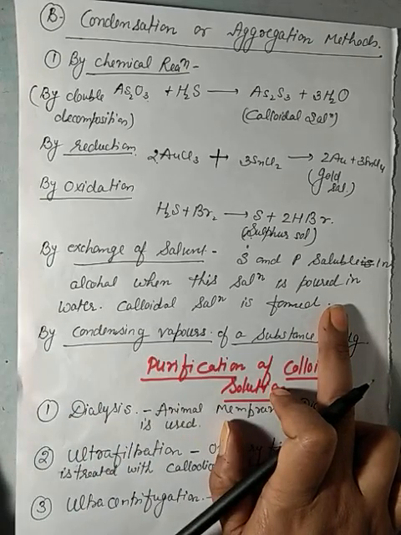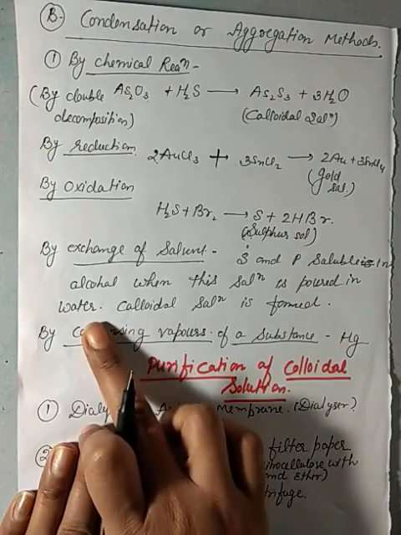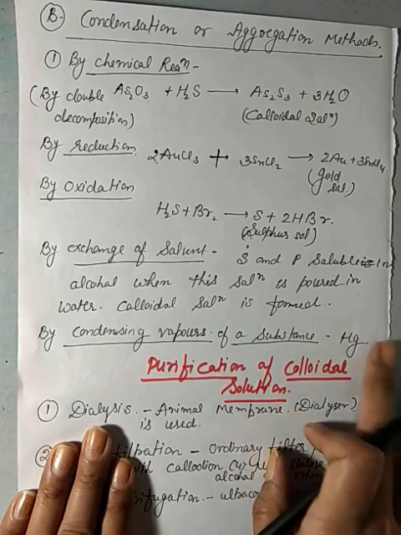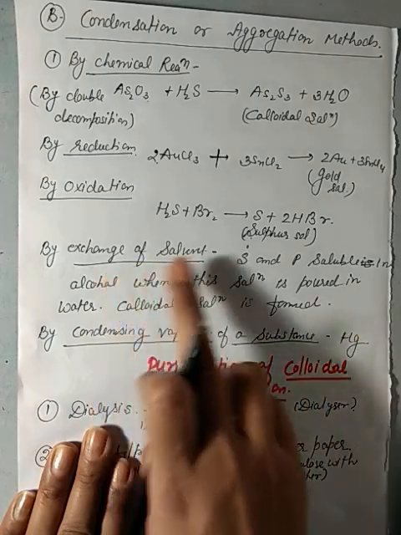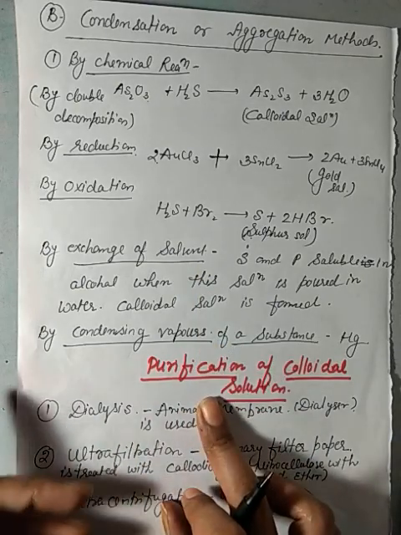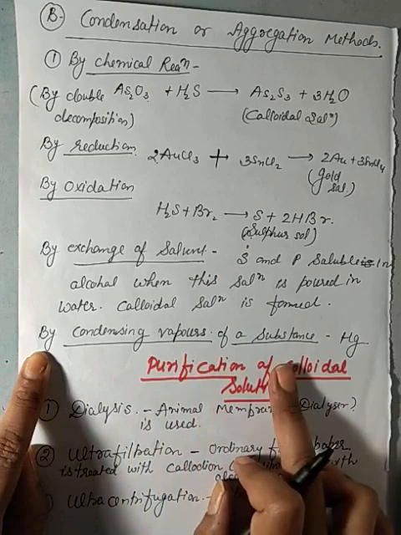When this alcohol solution of sulfur and phosphorus is poured into water, a colloidal sol of sulfur is prepared in the water. So it is called exchange of solvent. Similarly, we can also form a sol by condensing vapors of a substance.